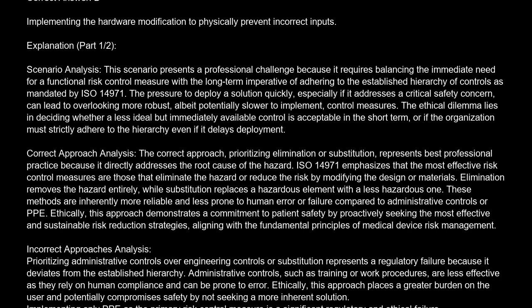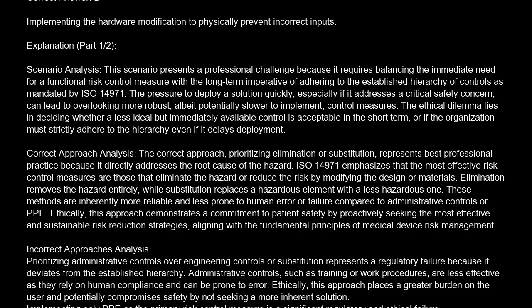Elimination removes the hazard entirely, while substitution replaces a hazardous element with a less hazardous one. These methods are inherently more reliable and less prone to human error or failure compared to administrative controls or PPE. Ethically, this approach demonstrates a commitment to patient safety by proactively seeking the most effective and sustainable risk reduction strategies, aligning with the fundamental principles of medical device risk management.